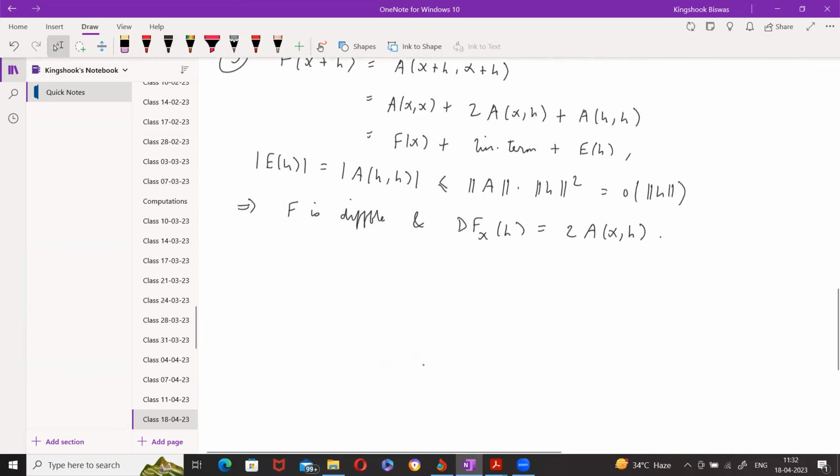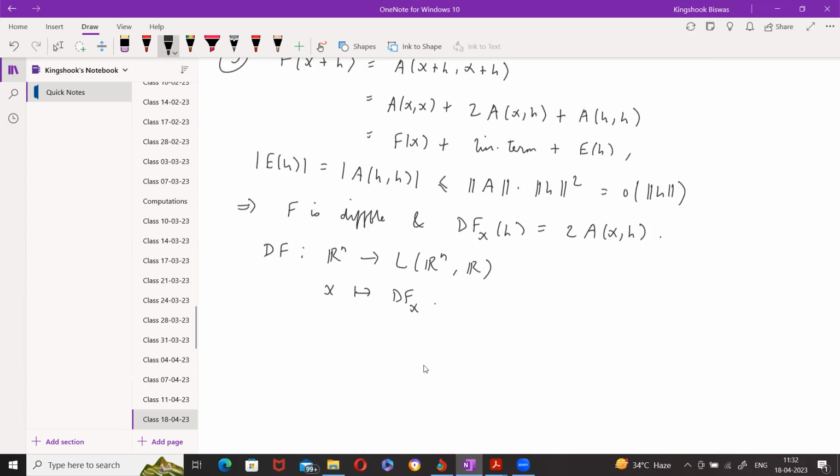Now, df is what? It's a map from Rn to the dual of Rn, linear maps from Rn to R. x goes to df at x. So for twice differentiability, we have to show this map is differentiable. So we have to look at the derivative of this map, right?